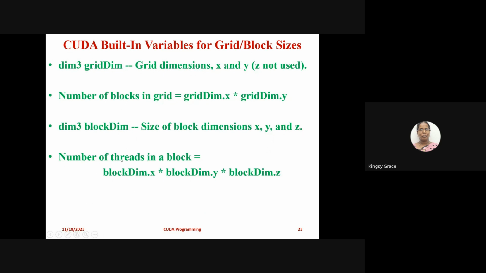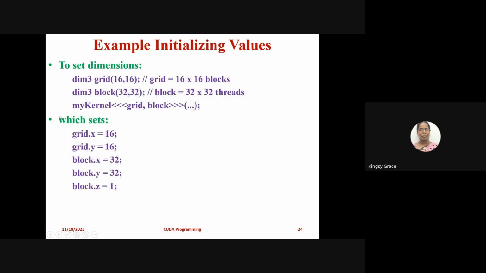To calculate the number of threads in the block, you multiply all 3. One more example: dim3 grid(16, 16) means 16 into 16 blocks, and dim3 block(32, 32) means 32 into 32 threads.